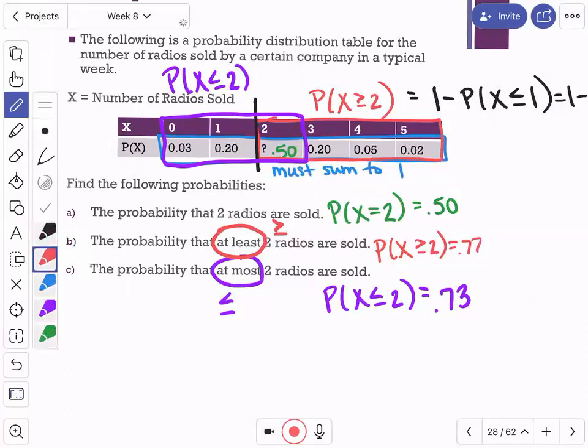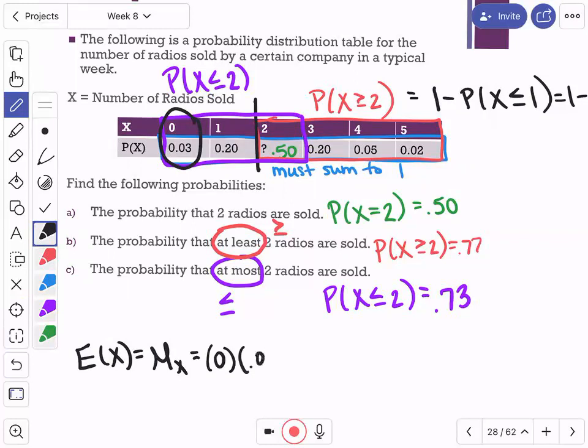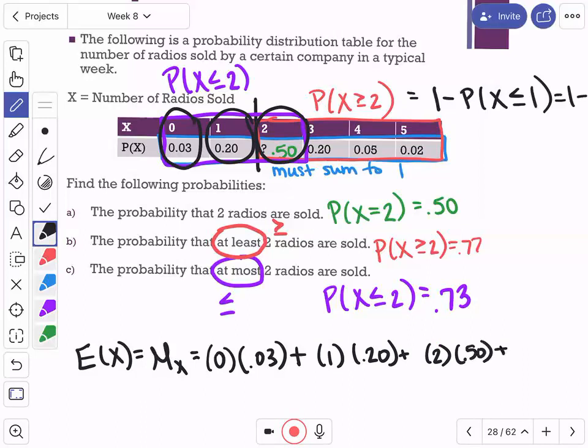Here's how we calculate it. We're going to take every X and multiply by its probability. So the expected value of X, also called the mean of X, mu of X, is equal to: you take 0 and multiply it by its probability, then add the next one. You take 1, multiply it by its probability, then add the next one. You take 2, multiply it by its probability. You're going to add all of these.